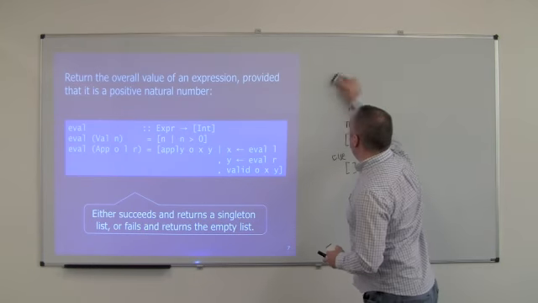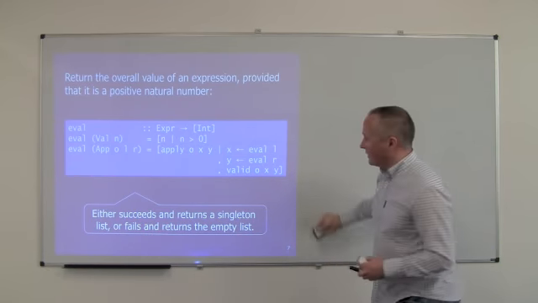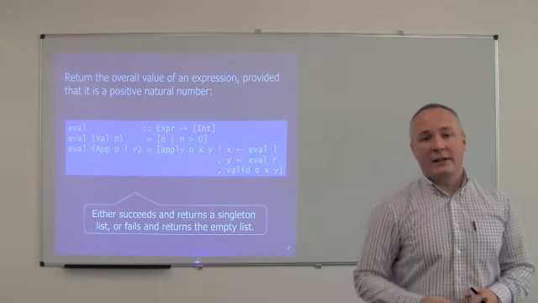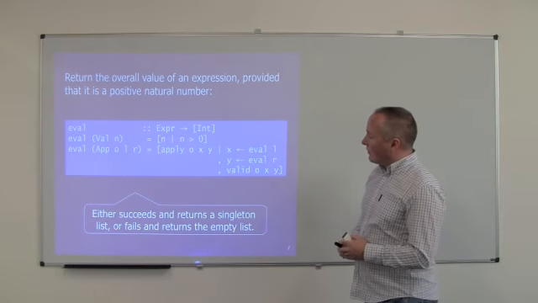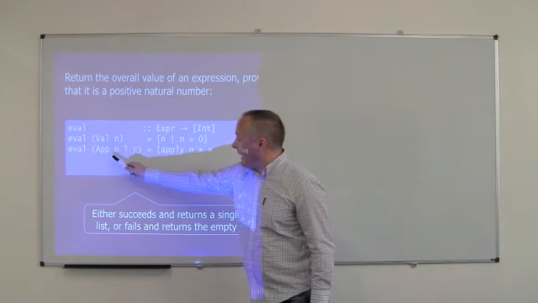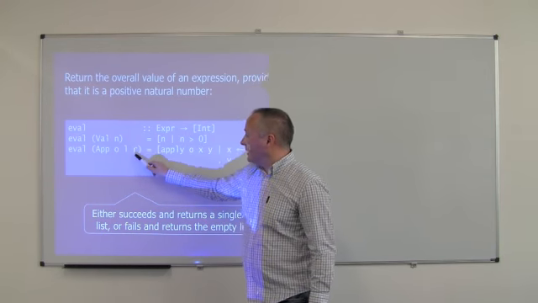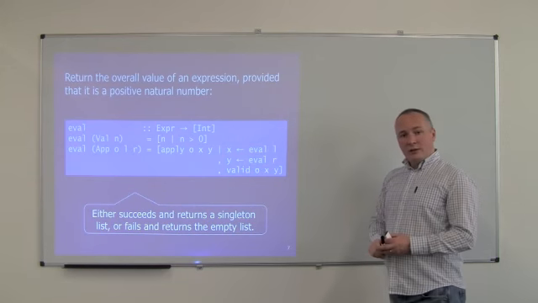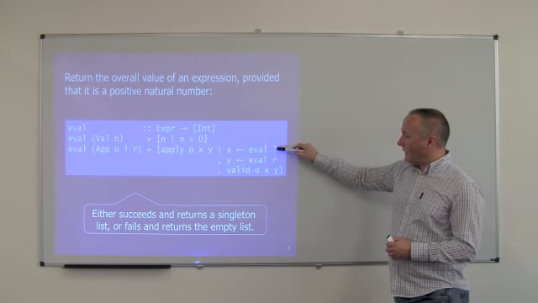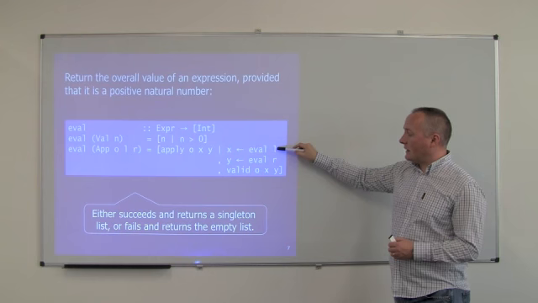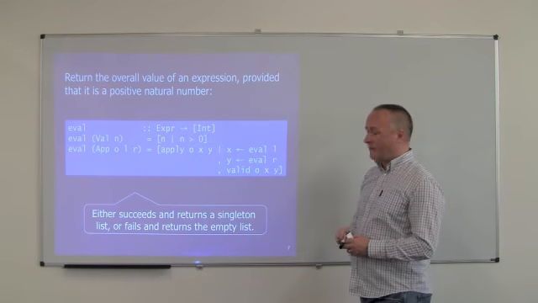We really see the payoff of using list comprehensions when we look at the application case. In this case, if you have an application of an operator O to a sub-expression L and a sub-expression R, what you want to do is evaluate the left sub-expression, and if that succeeds, call its result x.